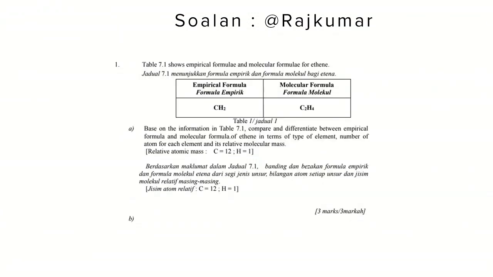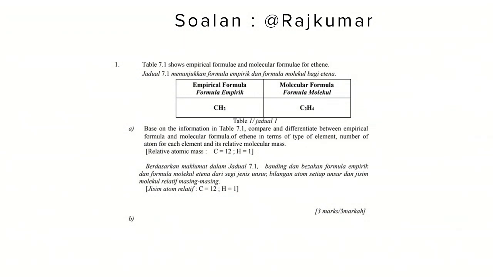Can I have the next question? All right. Another calculation. Empirical formula and molecular formula. Based on the information, compare and differentiate between empirical formula and molecular formula of ethene in terms of type of element, number of atom, and relative molecular mass.